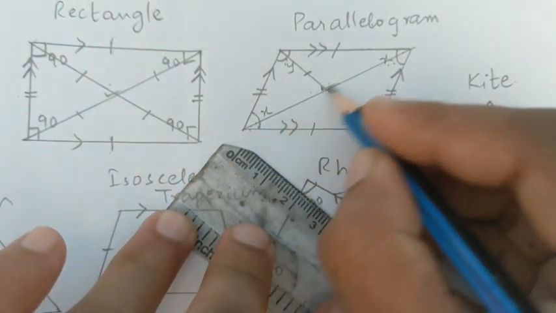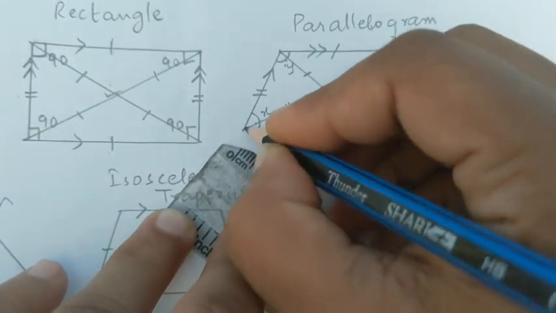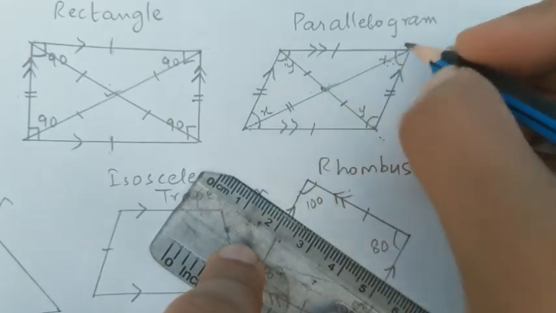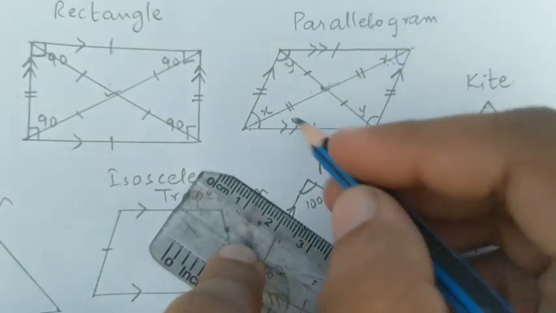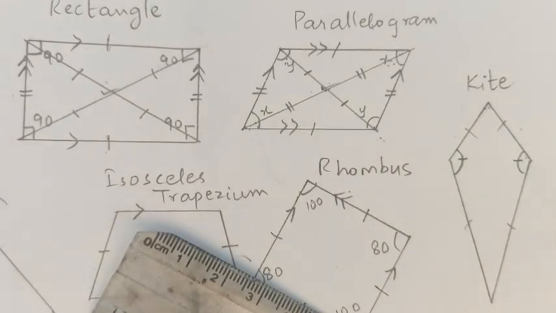And if this line is, let's say, 6 centimeters, this one would be 3 centimeters from the edge to the center, and from the center to this edge it would also be 3 centimeters. This is what it means by bisecting diagonals. So if we draw the two diagonals, they will bisect each other.